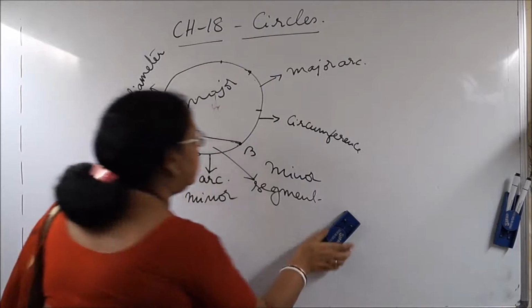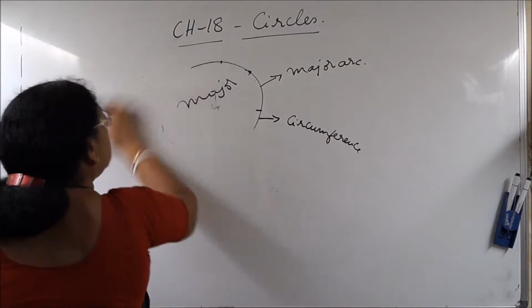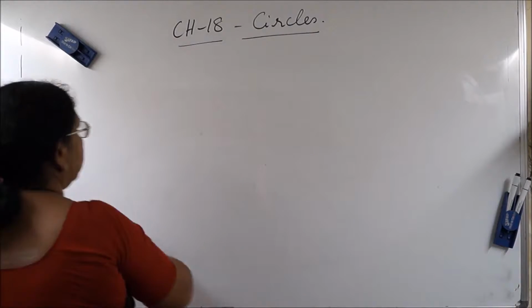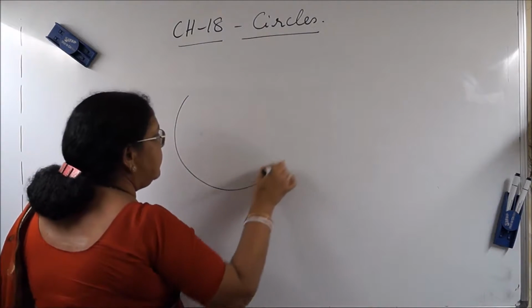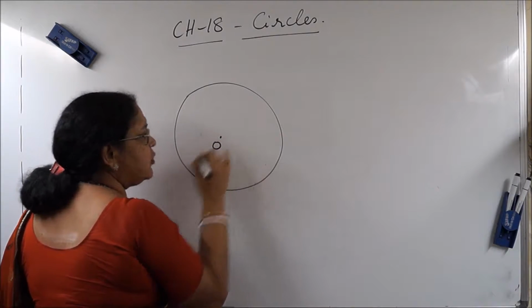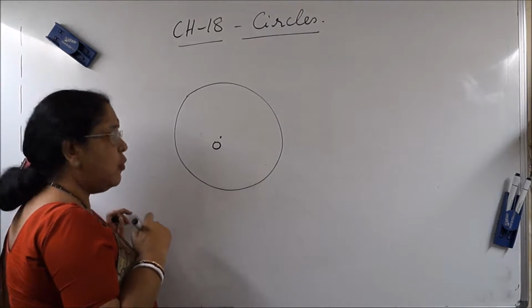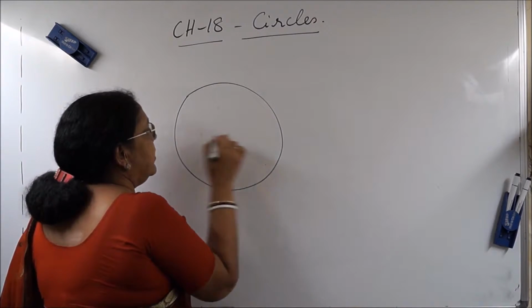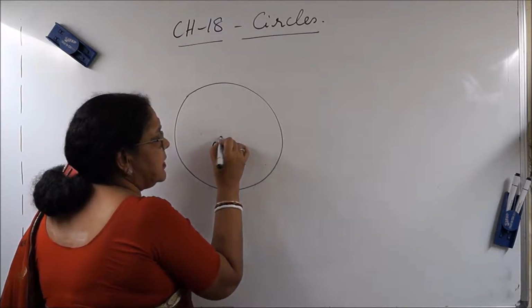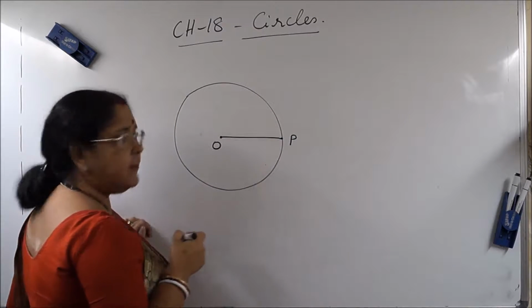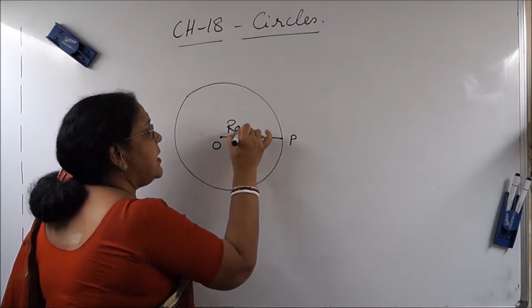So now let me just quickly go through all the terms that we just revised. Circle, this is its center, O we usually call it, and this is the center of the circle. The distance between the center of the circle to any point, say P on the circumference of the circle, is the radius.